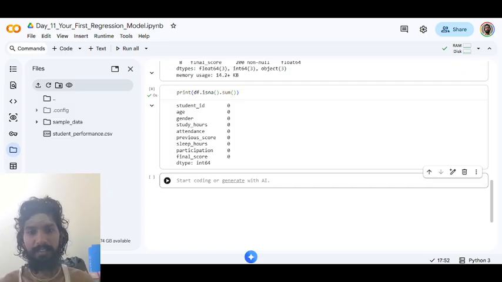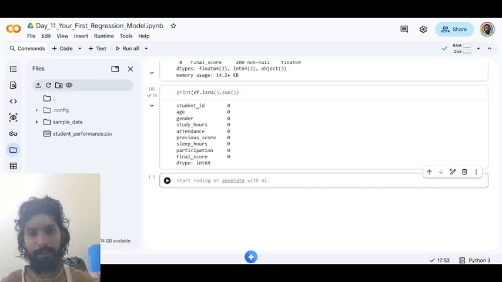We did not expect any missing values in the dataset, and that is correct because we had already cleaned the dataset. The output shows us zero missing values in every column.